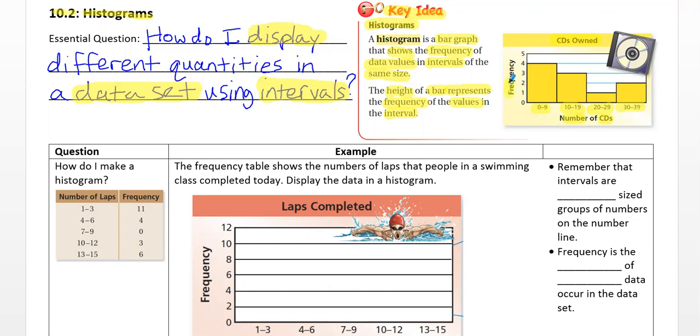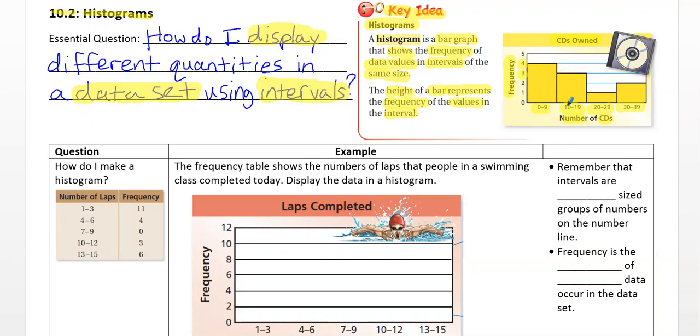Frequency is here, and that's how many data values there are that are either 0, 1, 2, 3, 4, 5, 6, 7, 8, or 9. You must have had 4 of them. There must have been 4 numbers in that interval. You can see there's 3 data values that were between 10 and 19.